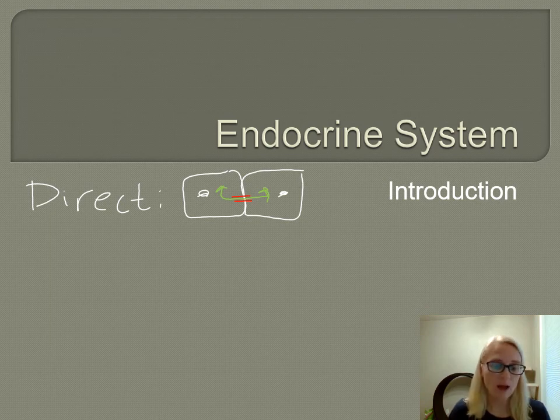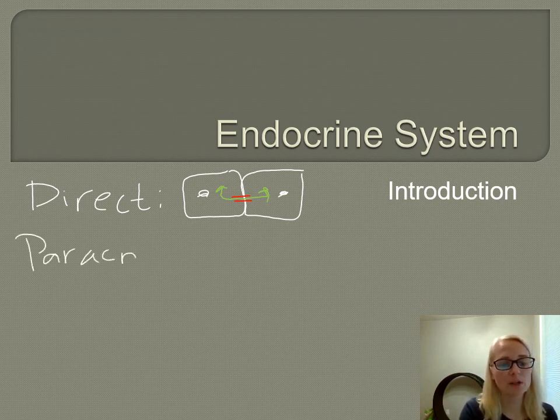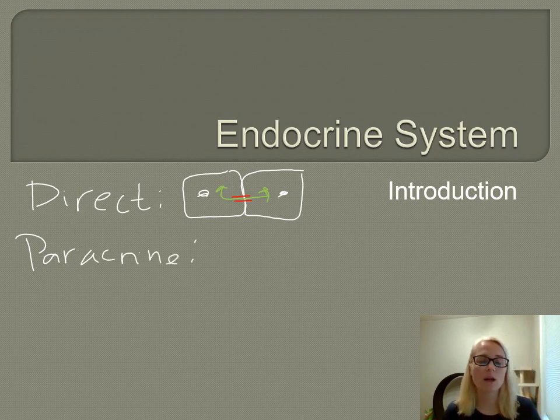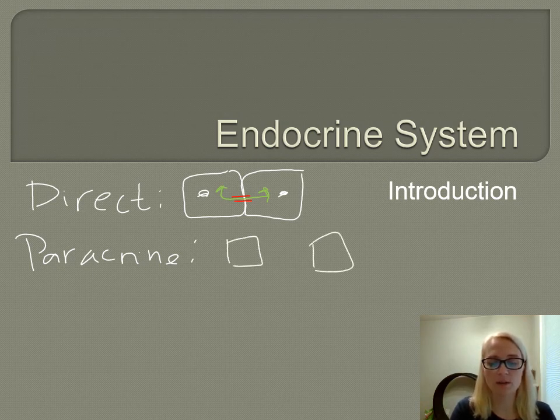Next we have paracrine. We don't see paracrine too much in our discussions, but it is local, neighboring communication. Let's say we have a few cells in a tissue hanging out.